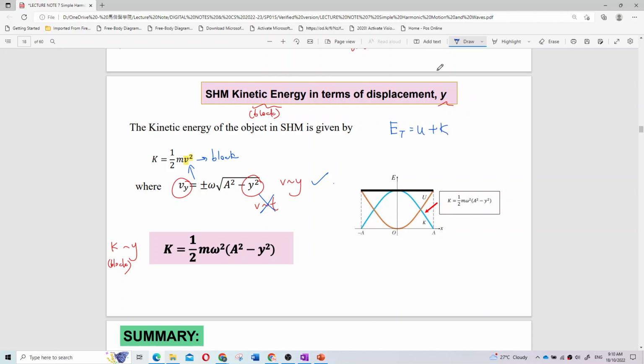This conservation of energy, this total energy, is half m omega square A square.